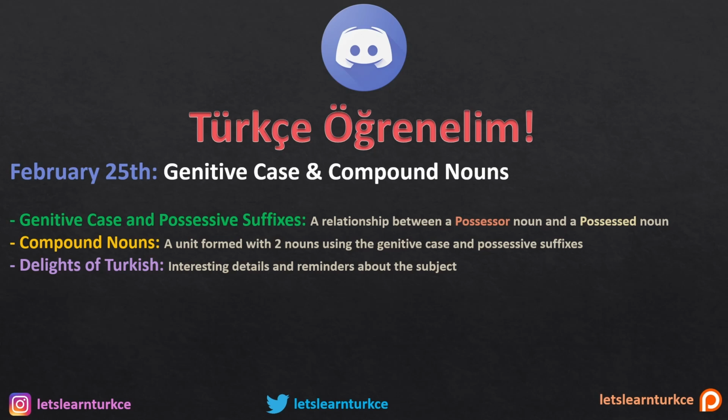And then we will talk about the compound nouns. As you can read in the title, it's like a unit, like a phrase, formed with 2 nouns or sometimes more, using the genitive case and possessive suffixes. So first we'll learn the suffixes, then we will learn how to use them.